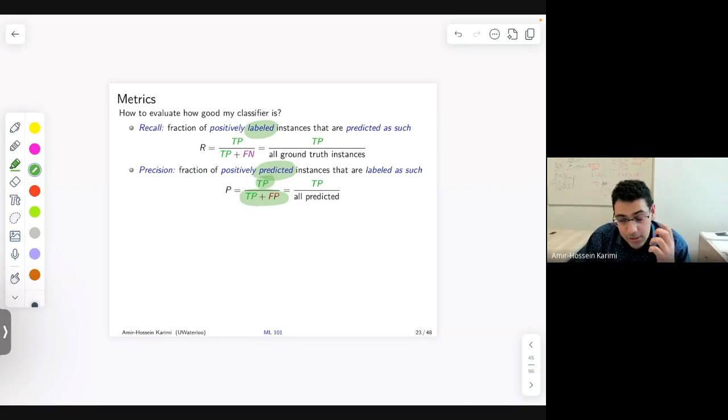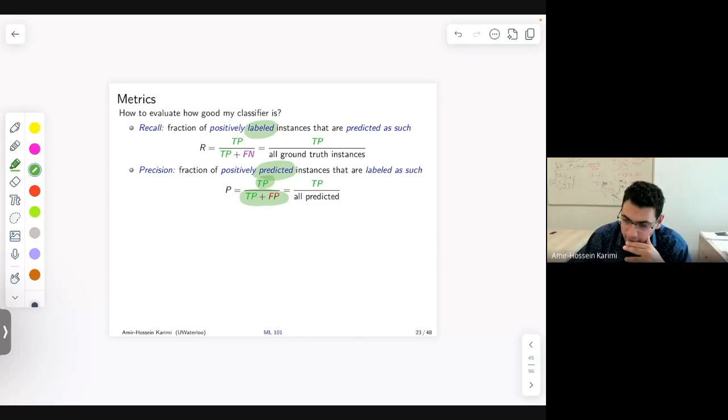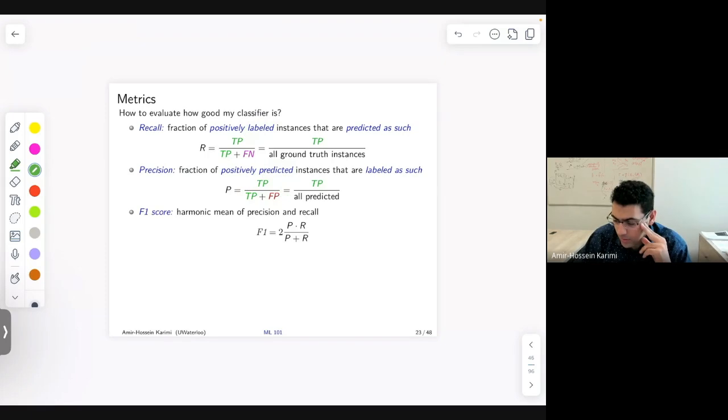What do we call that? Does anyone know? F1 score. Right. So the F1 score is the harmonic mean of precision and recall.